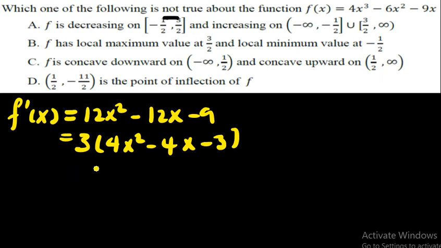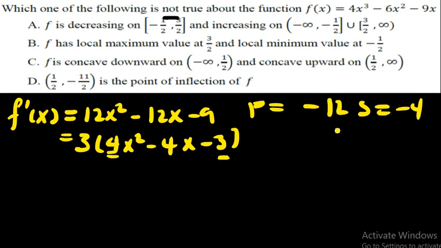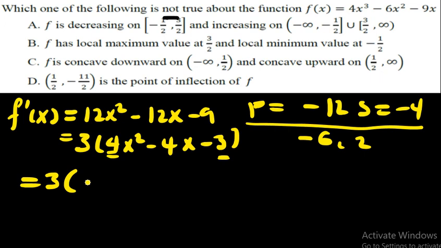Then think of two numbers, product -3 and sum -4. Product -12, because A times C, 4 times -3, -12, and the sum of those numbers obviously will be -6 and 2. So let us insert them here. It's going to be 3 in bracket 4x squared plus 2x minus 6x minus 3.